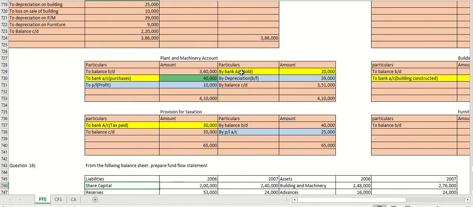So it will be by bank account, which is cash coming into the business because it's a sale, 20,000. So 20,000 minus 10,000, 10,000 is a profit because the machine worth was 10,000 but it was sold for rupees 20,000. So the profit will be credited in your profit and loss account, as to profit and loss account 10,000, which is nothing but your profit on sales.